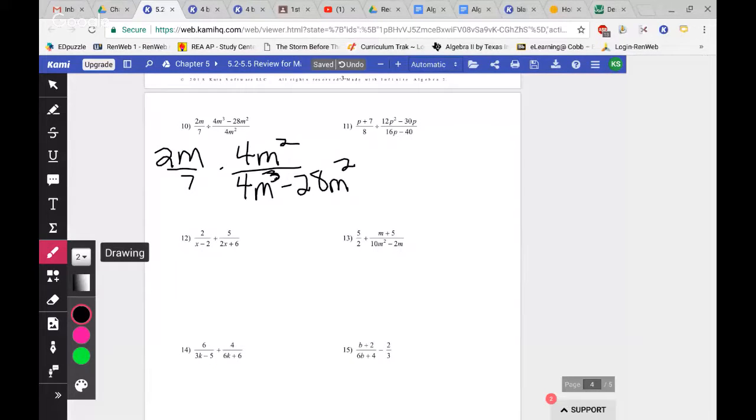Nothing to factor in the first term, but the denominator in that second term, something can be factored out of it. What does that look like? Oh, wow. We have some fast ones. 4m squared times m minus 7. Good job. They're getting this. They're doing good.